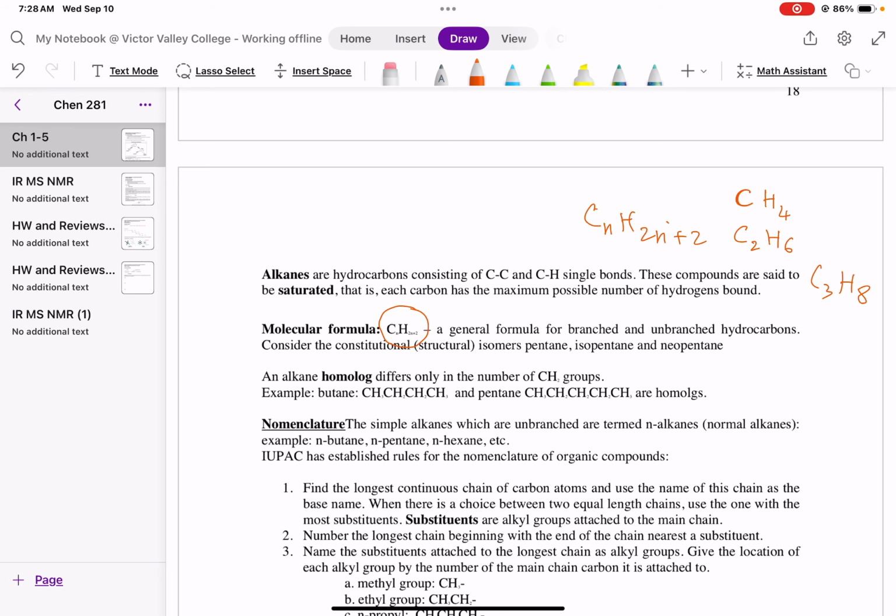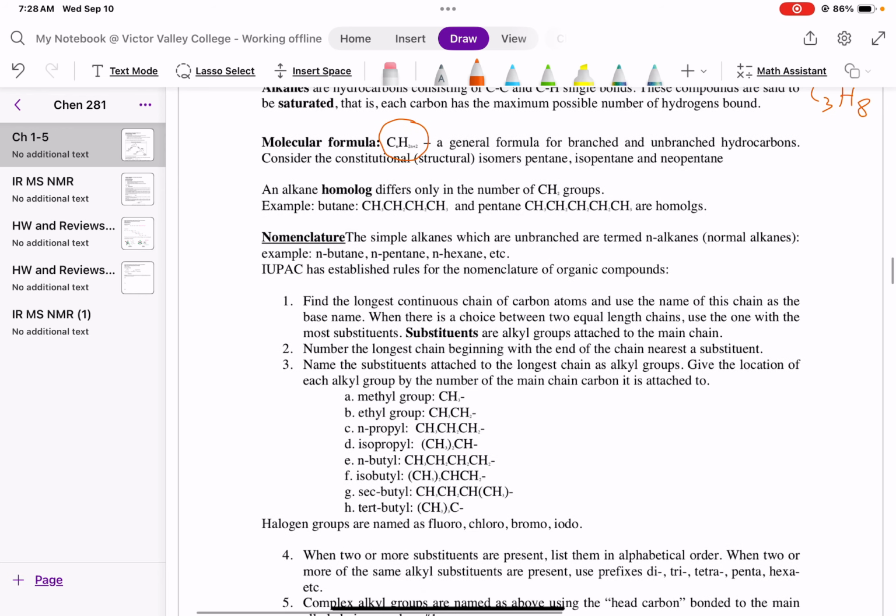Okay, now nomenclature. The first thing you want to do is find the longest continuous carbon chain and then number them. You want to start with the end that's closest to a substituent, a branch.